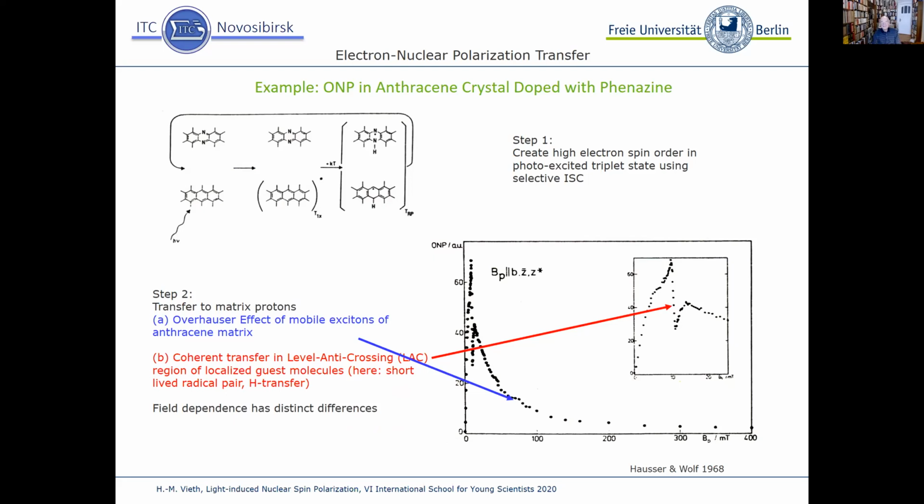We have optical nuclear polarization in an anthracene crystal, which is doped with phenazine. Phenazine is shown here in the upper right corner, and it's doped into anthracene as shown at the bottom.